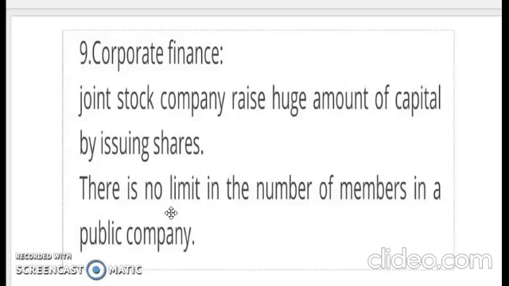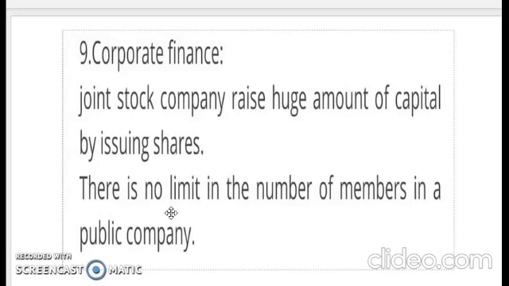The words 'if any', added by the Amendment Act of 2014, imply that it is optional for a company to have a common seal. That means a company may or may not keep a common seal. Mostly every organization has its own common seal, which proves that the company is liable, that is, it is a separate legal entity.